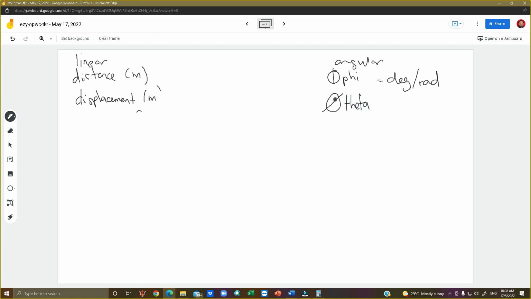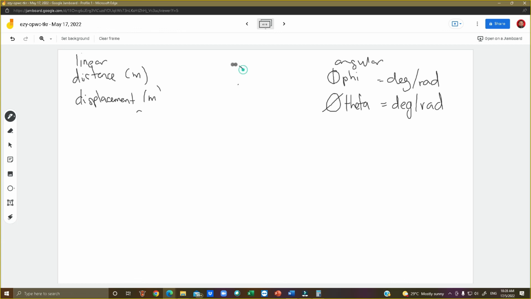I think you have heard me call this name a lot. Theta is the angle, so the units are similar, degree and radian. Same as linear displacement, theta is the same thing.